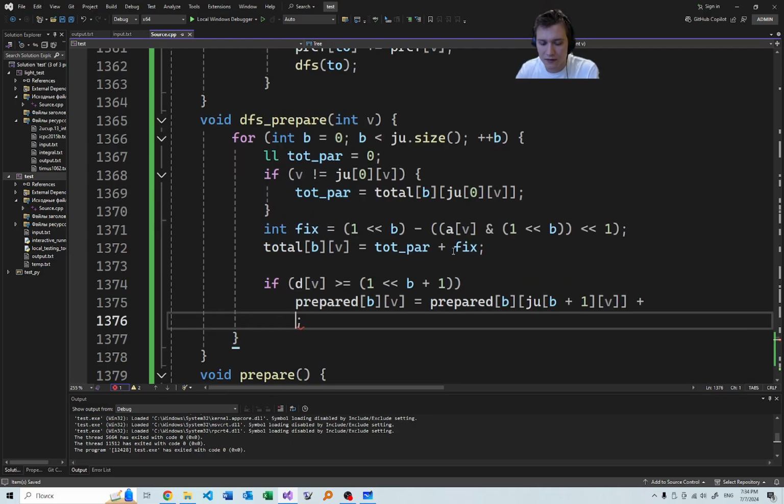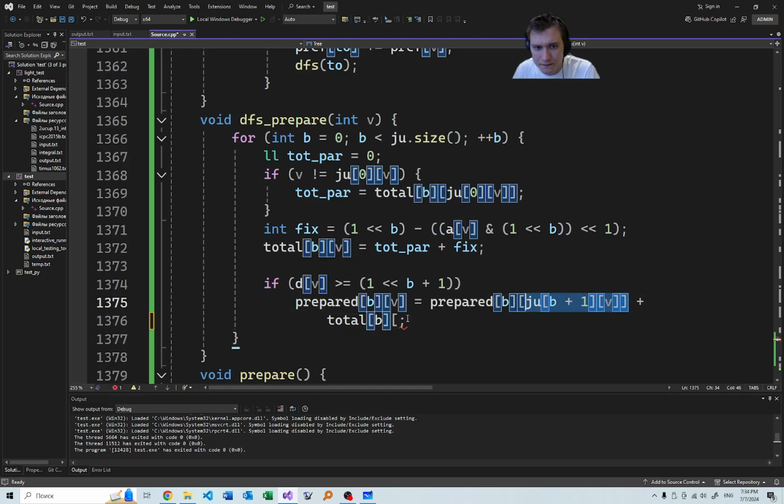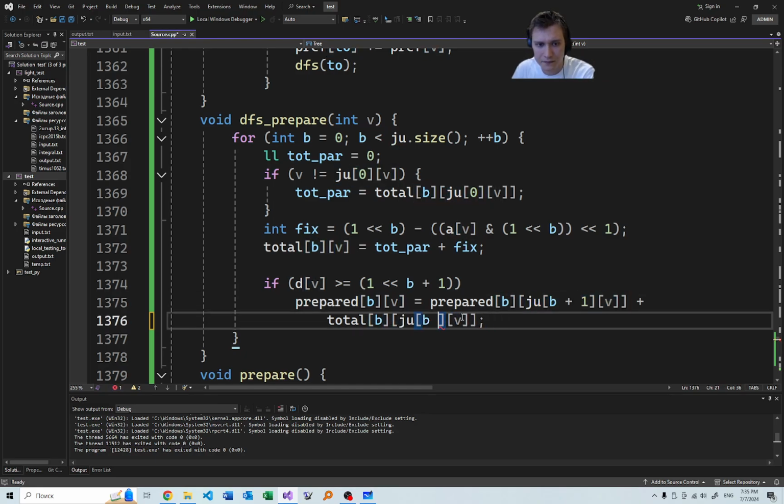So how do we calculate the preparation for this segment? It's just total of B this jump minus total of the next jump.